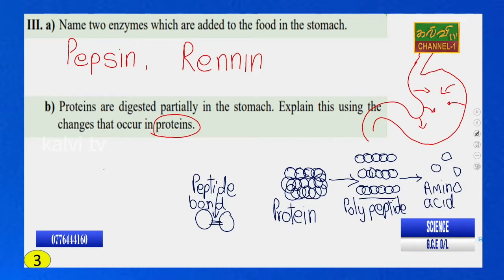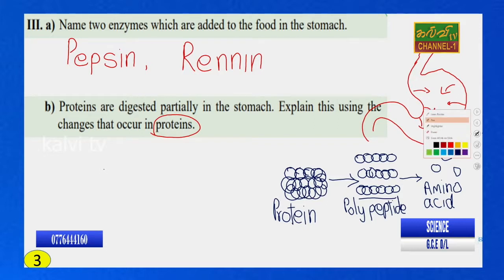So here in the stomach, what happened? Protein is going to convert into polypeptide.